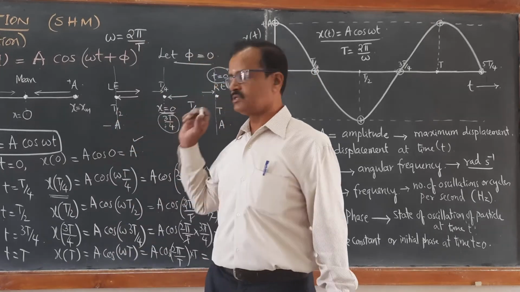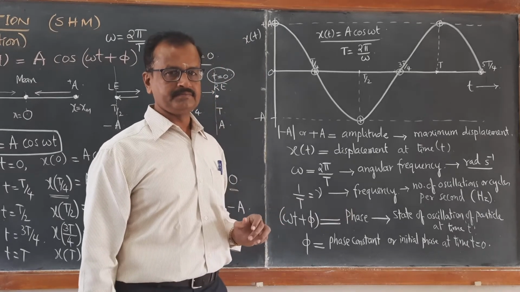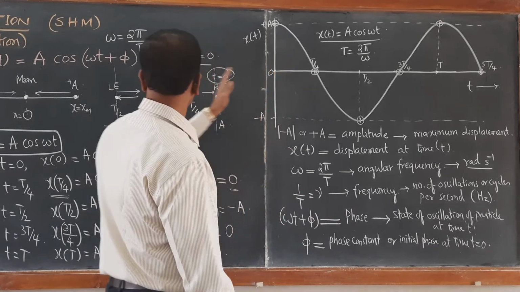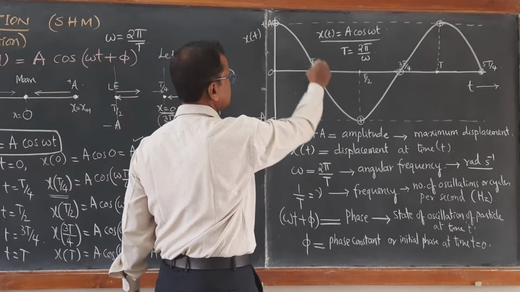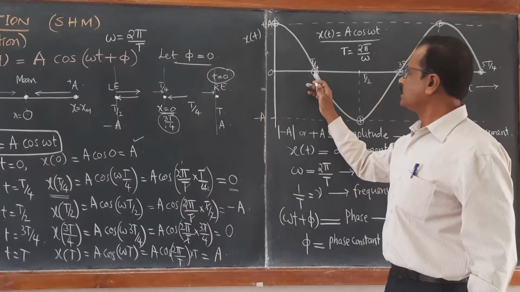That is the meaning of state of vibration. It tells you whether the particle is moving towards left or towards right. Here it is decreasing, meaning it is moving towards the equilibrium position at t by 4.